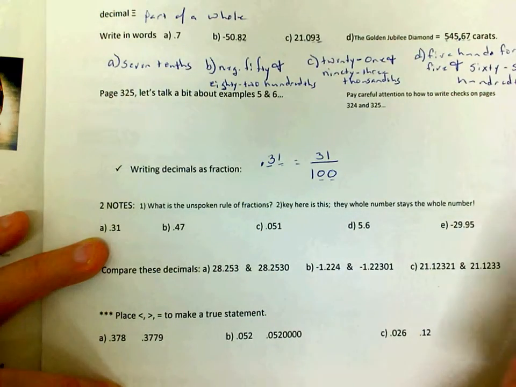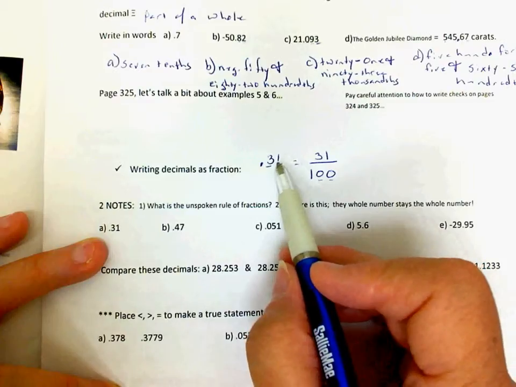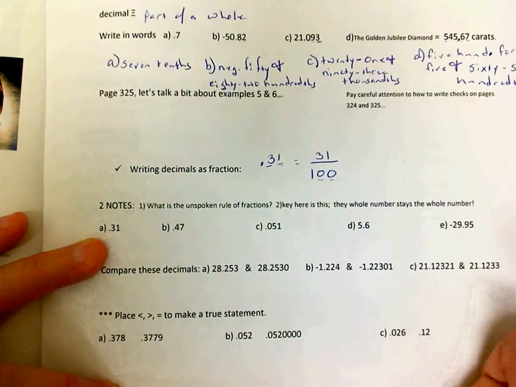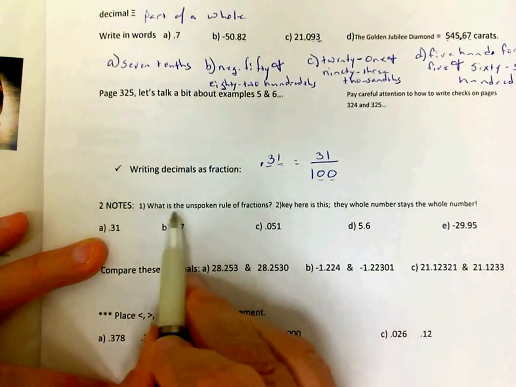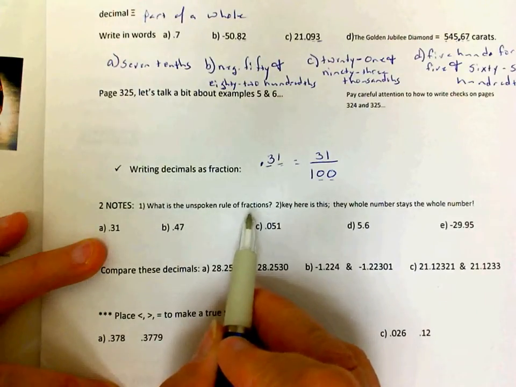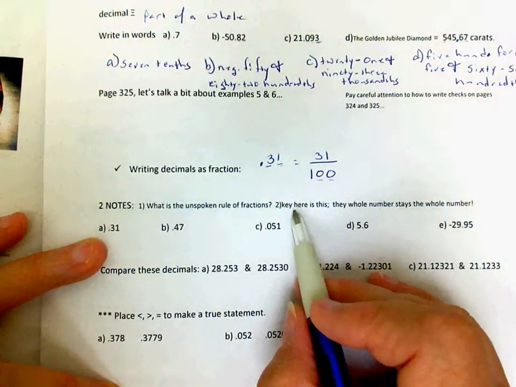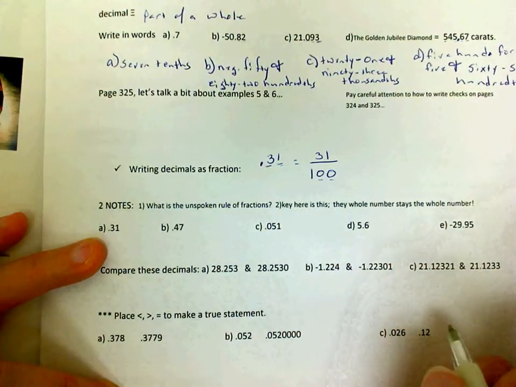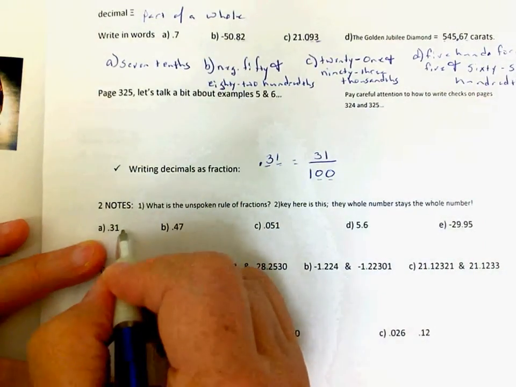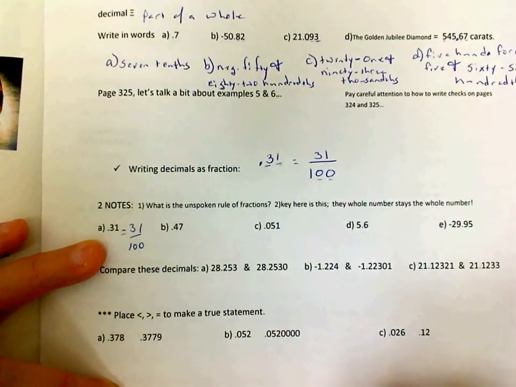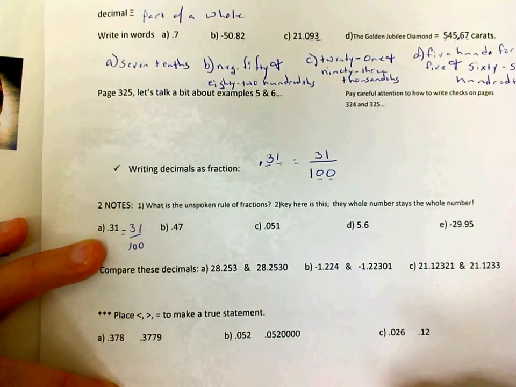Or think of it this way, 1 is in the hundredths place, so you put 31 over 100. And then the unspoken rule of fractions, if you can reduce it, you have to reduce it. Then there's a second key. The whole number stays the whole number. By the way, 31 over 100 does not reduce. 31 is prime and does not go into 100.